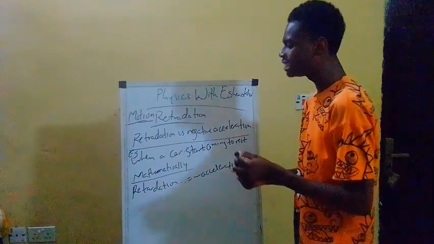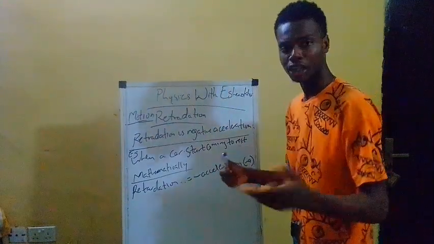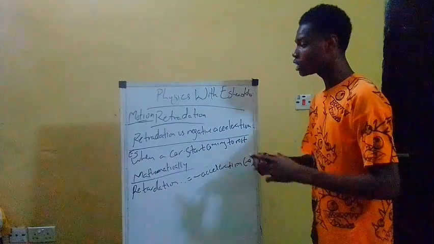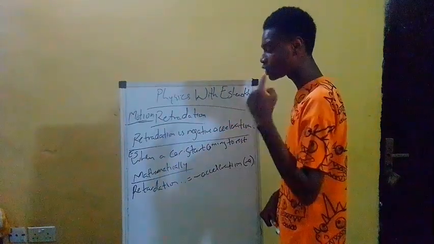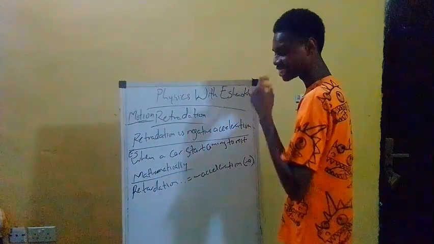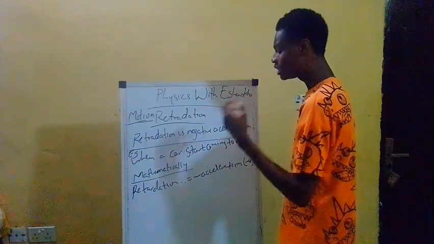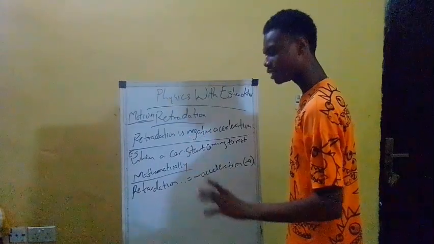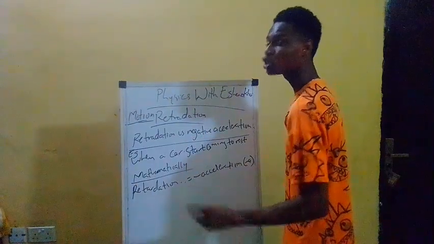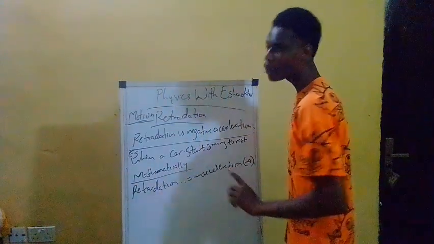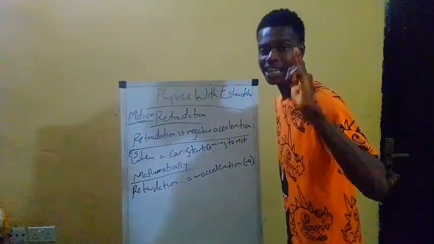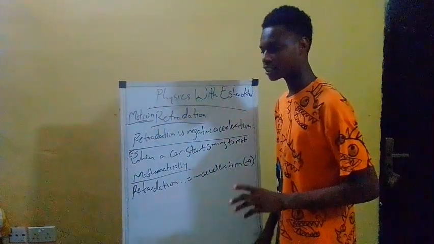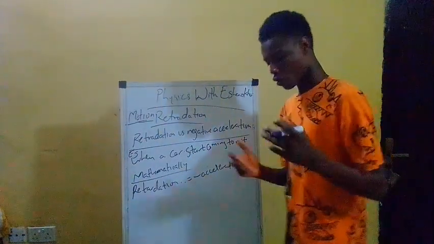Are you getting me now? So negative acceleration is retardation. That's what you should know on retardation: it is negative acceleration. When a car starts coming to rest, it's basically retardation. Mathematically, retardation is equal to minus acceleration, and whenever you see minus a, they are telling you there is minus acceleration. Now let's talk about free flow.